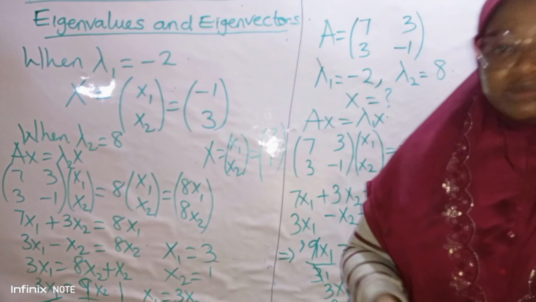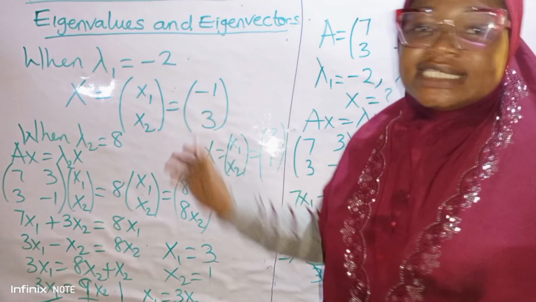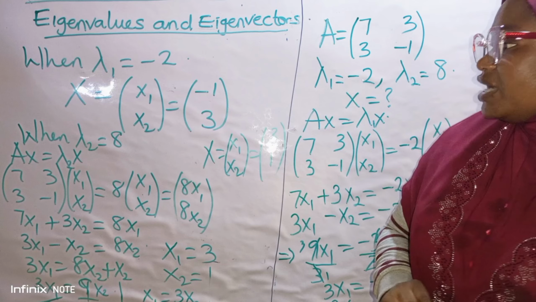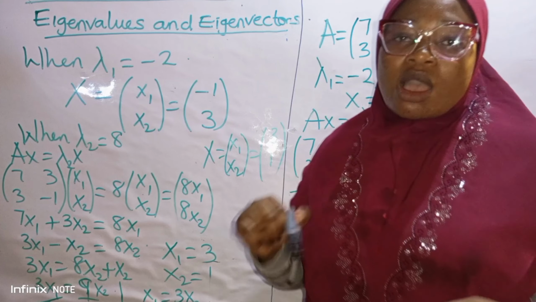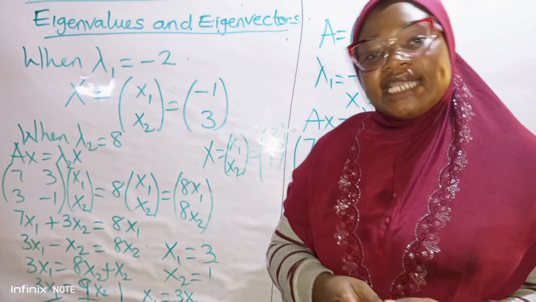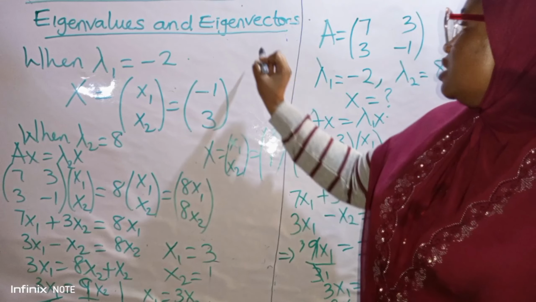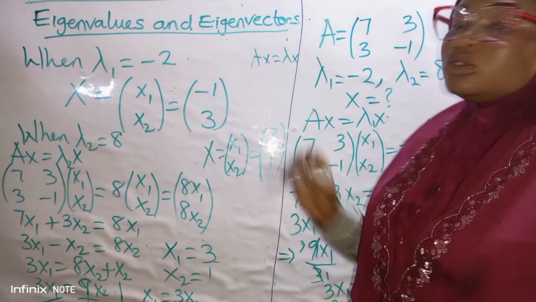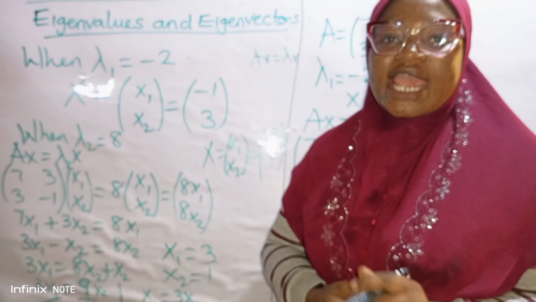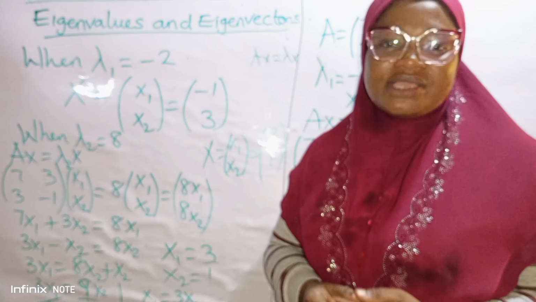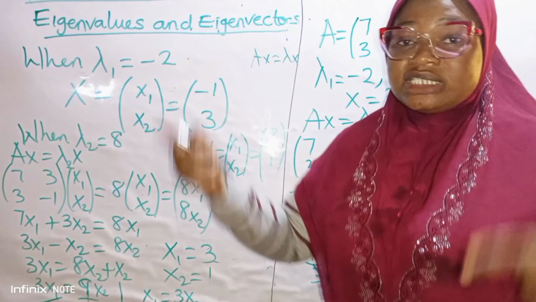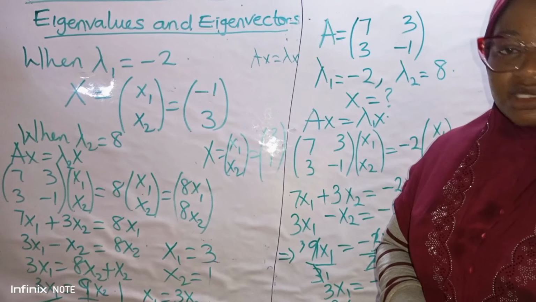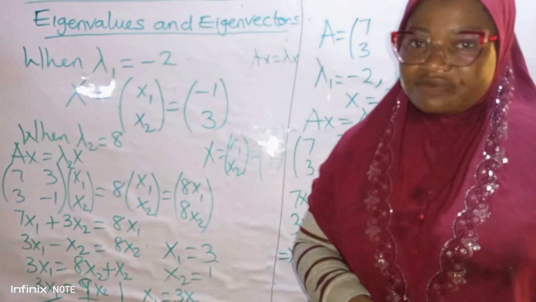Then you use that to find lambda, which will be our eigenvalues. After finding the eigenvalues, you apply them into the initial equation ax is equal to lambda x to find the values of your x, that is the eigenvectors. So if you follow these steps, you see that finding your eigenvalues and eigenvectors is very, very simple.